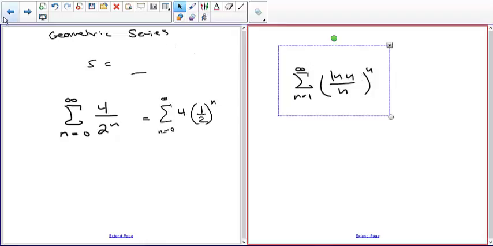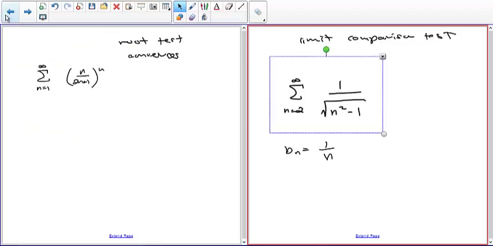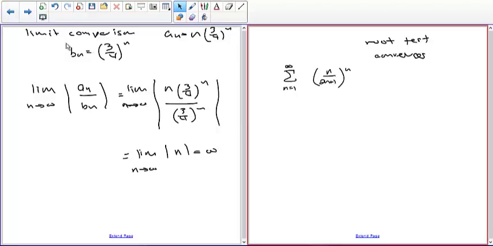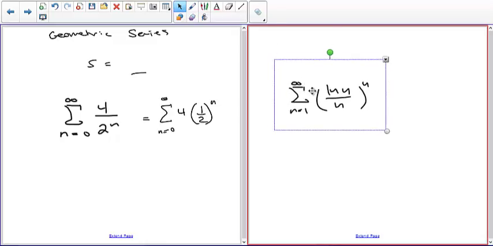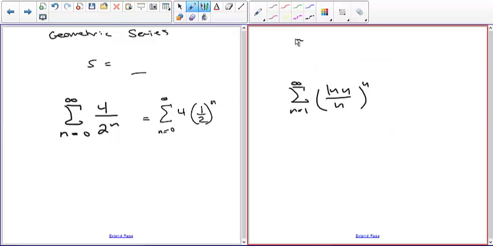So we just talked about that. Let me go back and show you one. Yeah, see there's n over 2n plus 1 to the n power. Natural log of n over n to the n power. Okay, so it's a root test. Yeah, that's correct.